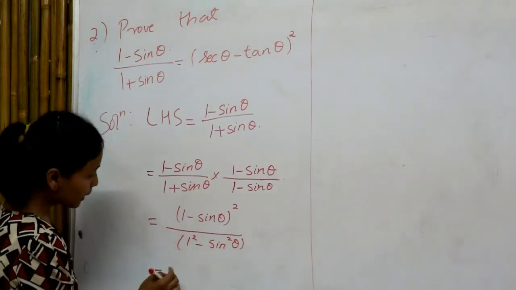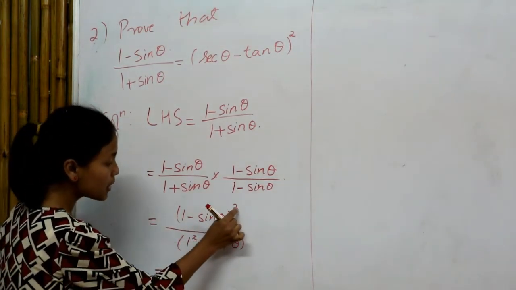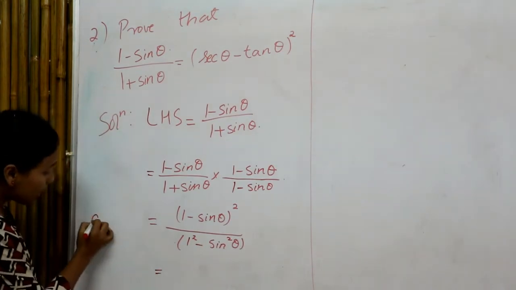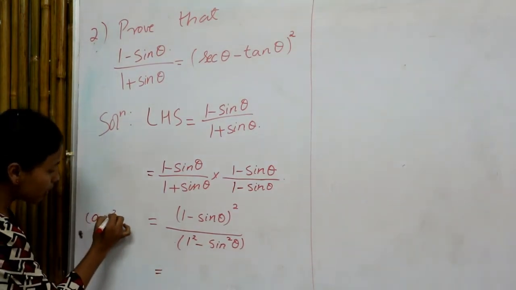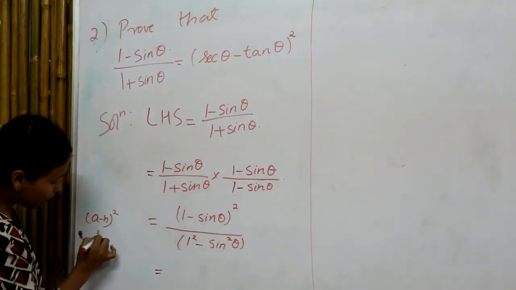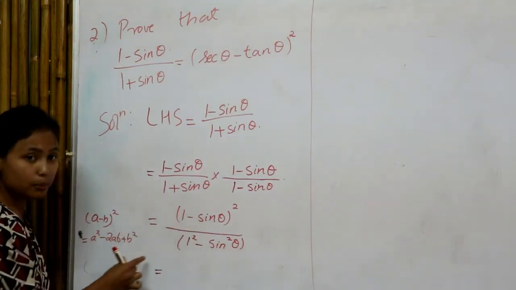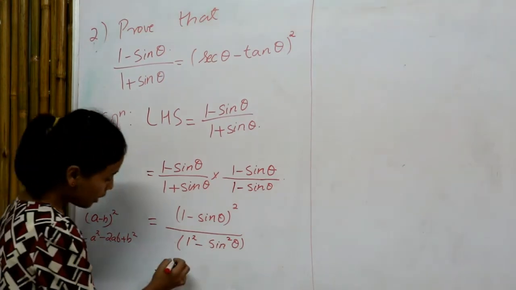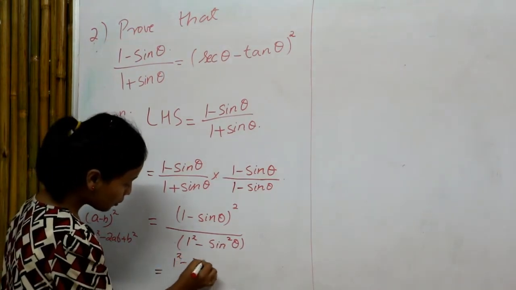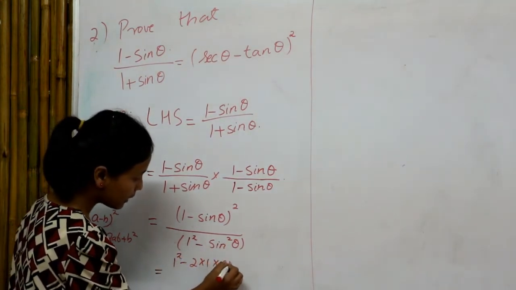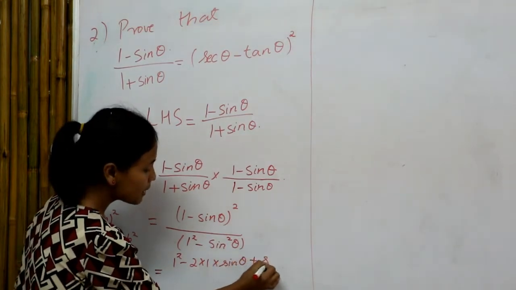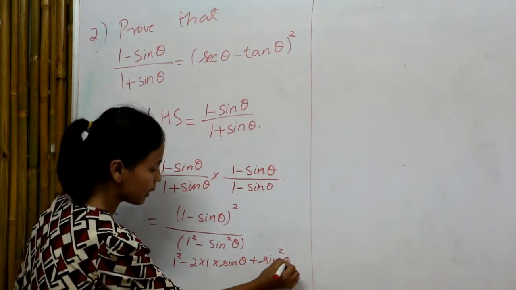Okay, now (1 minus sine theta) whole square, we know the formula of (a minus b) whole square is a square minus 2ab plus b square. So here we will be using this one. So 1 square minus 2 into 1 into sine theta plus sine square theta.